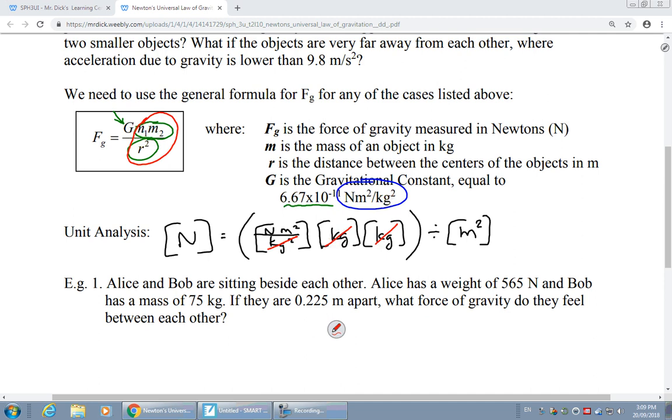On the top of this unit, we have a meter squared, which is canceled out when we eventually divide by meters squared. And so all of the units end up canceling out except for the unit of newtons, which is what we wanted in our final answer anyways. And so all you really need to understand is that this gravitational constant, big G, has the very weird unit only for the purpose to make all of the other units work out and make sense and fit together to produce newtons.